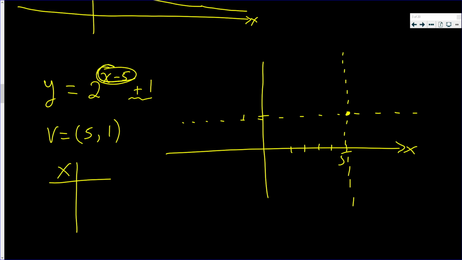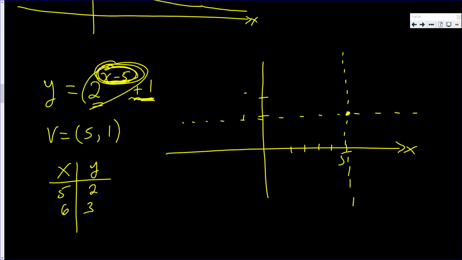Well, this is 0 when x is 5, and 2 to the 0 is 1, plus 1 more is 2. And we want the exponent to be 1. Well, that's when x is 6. 2 to the 1 will be 2, plus 1 more will be 3.